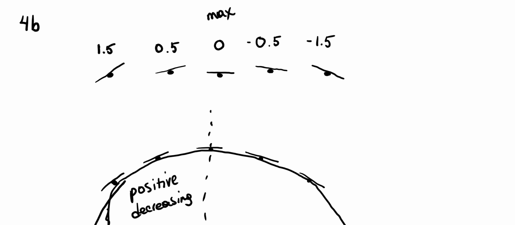And then maybe in this region on the right, you have that they are negative, increasing. It's getting more and more steep, but the slopes are negative. So that's one thing you could have said. You could have said that the slopes change from positive to negative. You could have said there's a maximum. So there's a number of things you could have said, but all of those are correct.